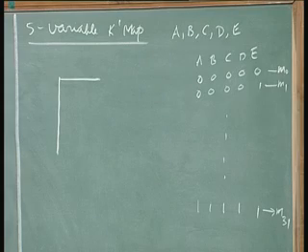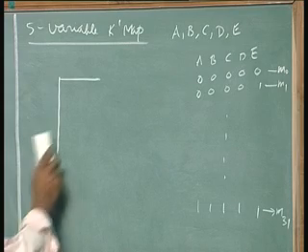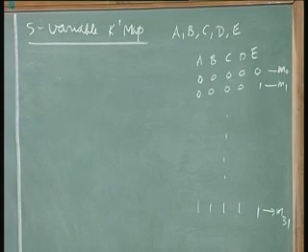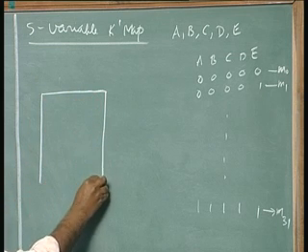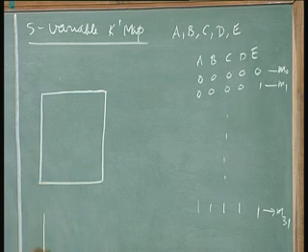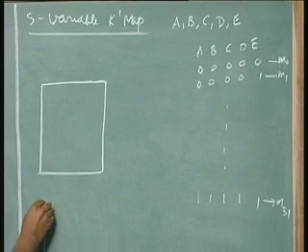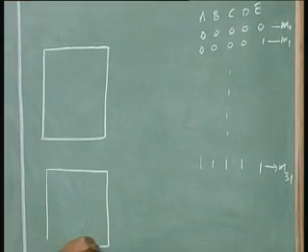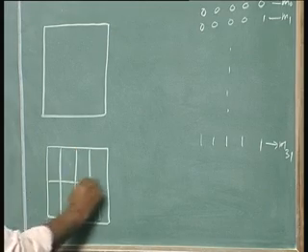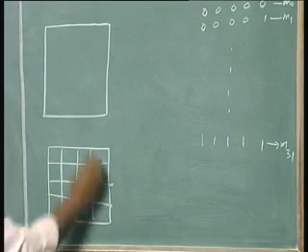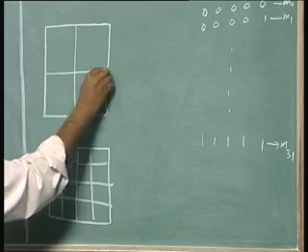So, one way to do this would be draw 2 maps considering only 4 of these 5 variables each.